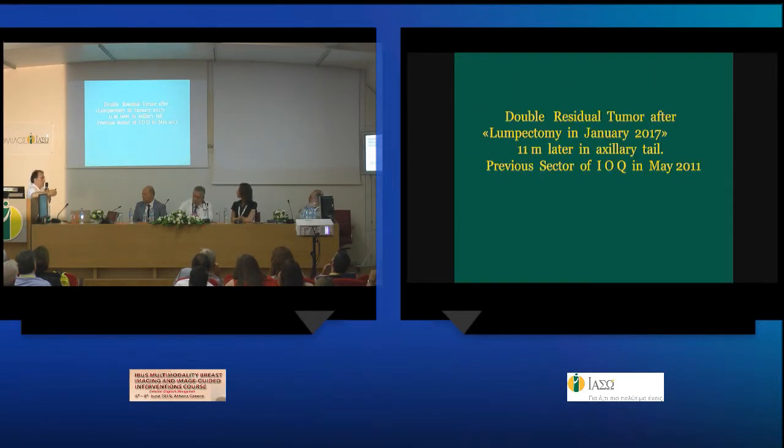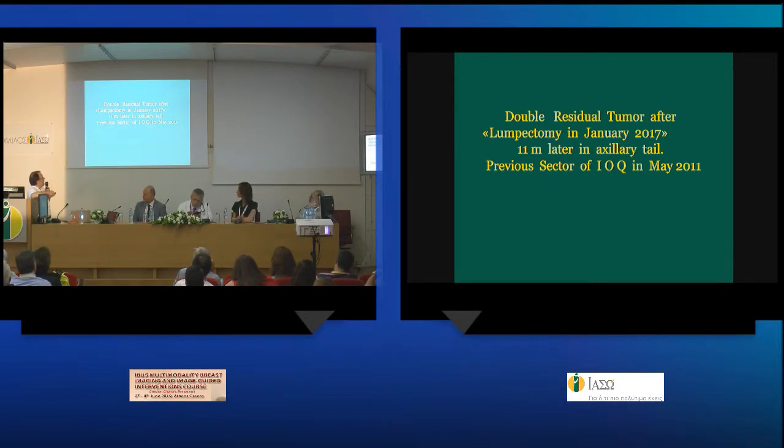Just another case, because not only for diagnosis, but we can also make a mistake in surgery. Double residual tumor after lumpectomy in January 2017, 11 months later in the axillary tail. Previous sector of inferior outer quadrant in May 2011.